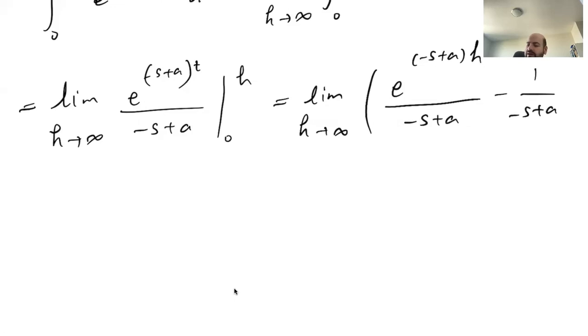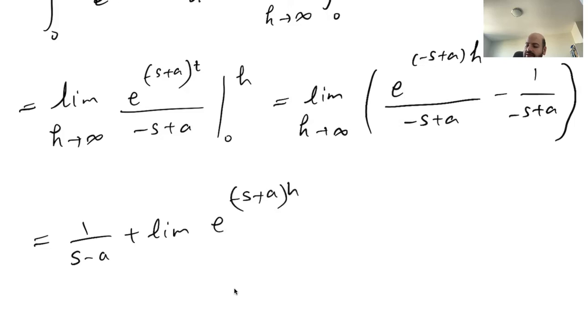E to the power 0 is 1, so minus 1 over minus s plus a. And then I will have 1 over s minus a plus this limit, e to the power minus s plus a times h divided by minus s plus a, as h goes to infinity.